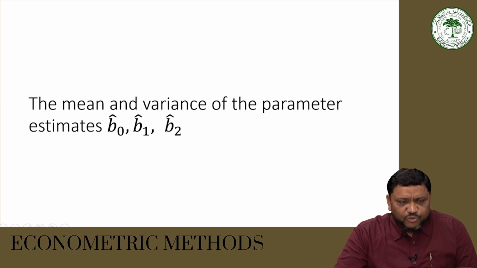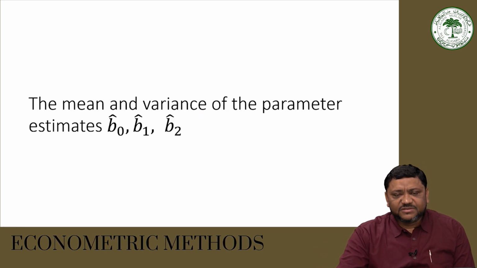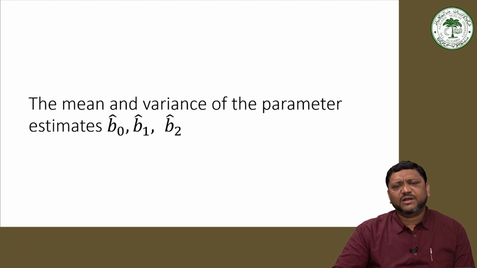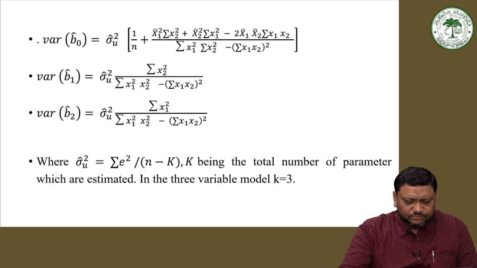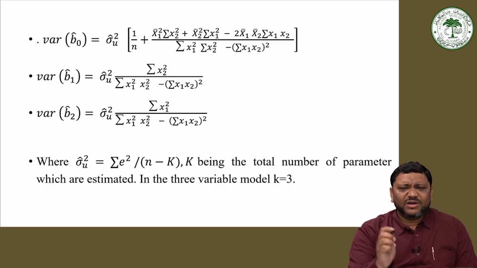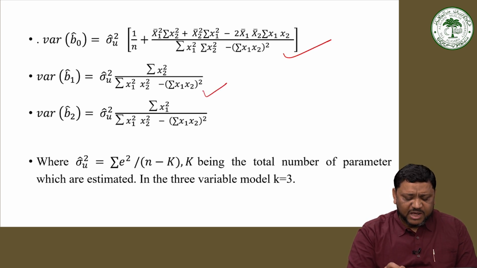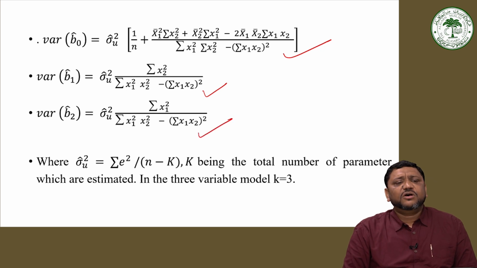Now we move on to the variance, mean and variance of the parameters beta naught hat, beta 1 hat and beta 2 hat. Now we are not deriving the formulas over here, we are just writing the formulas for variance for beta naught, the formula for variance for beta 1 and the formula for variance for beta 2.